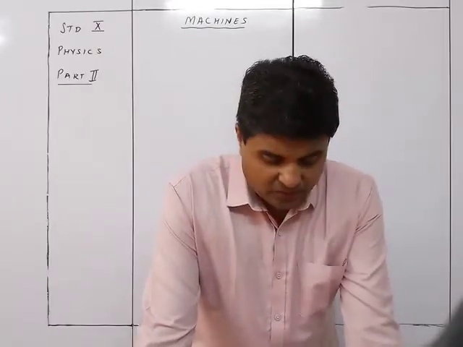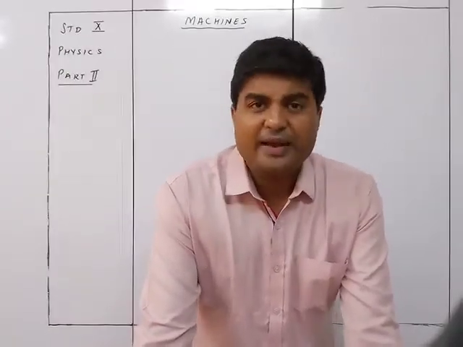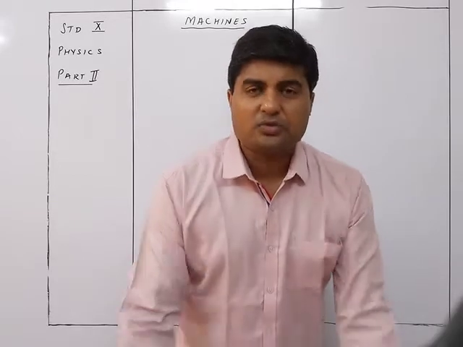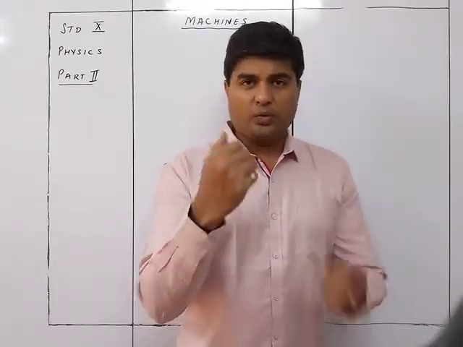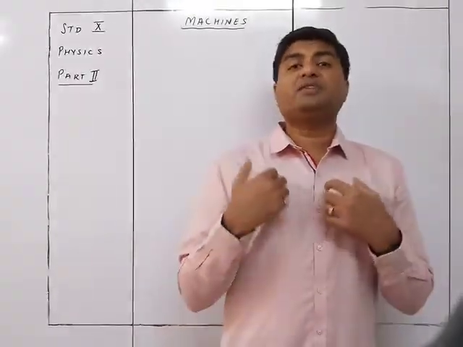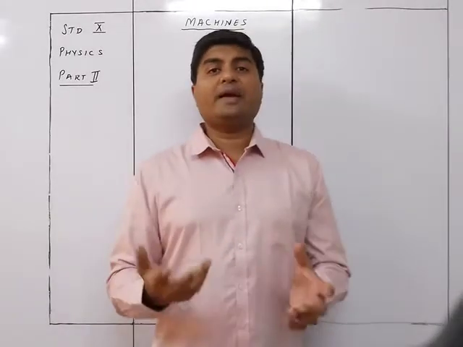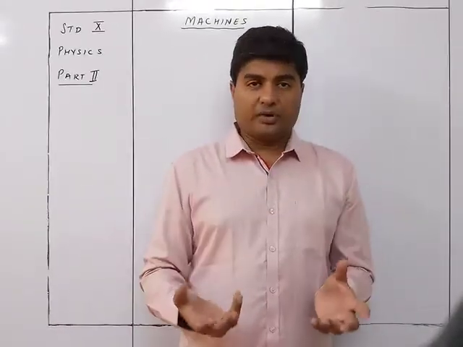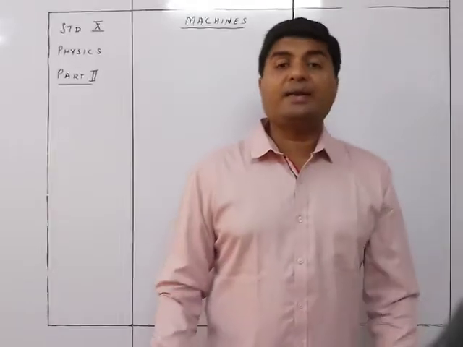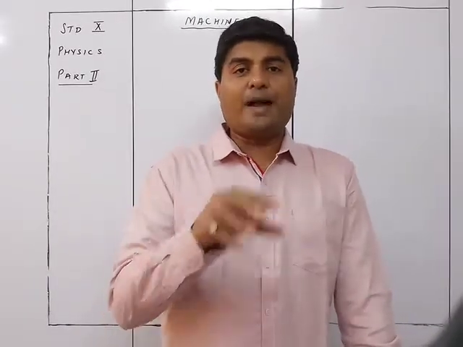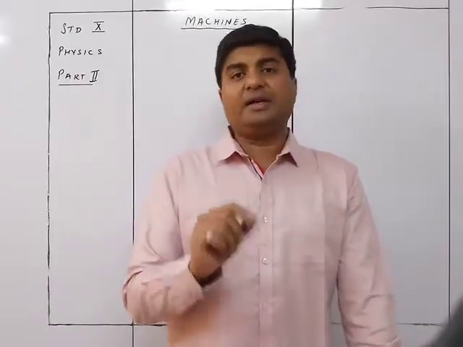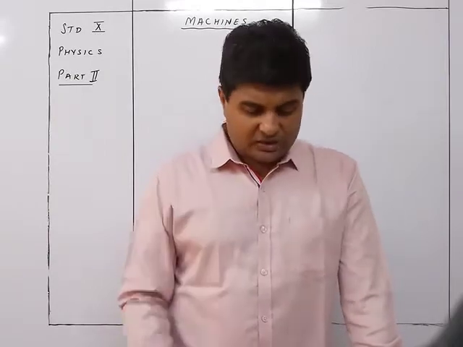Input energy is the work done at the effort point. So what is the input energy? When I am giving some input to a machine, that is the energy which I am giving to the machine. So what is that energy? That is nothing but the effort. The input energy is the work done at the effort point. Whatever work I am doing at the effort point, that is the input energy.